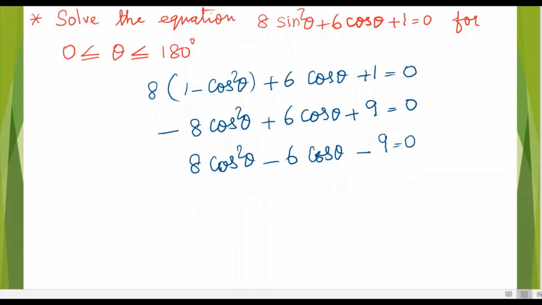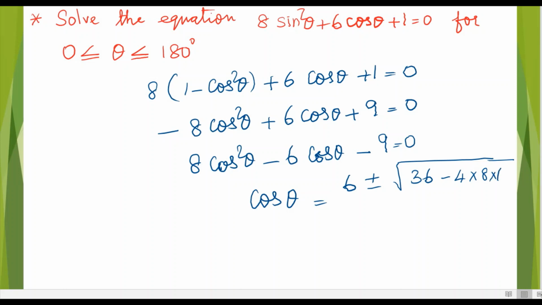Now we can find out the cos theta value by using the quadratic formula. So minus b, already minus is there, so it will become plus or minus square root of b square is 36 minus 4 multiplied by 8 multiplied by -9, divided by 2 multiplied by 8.